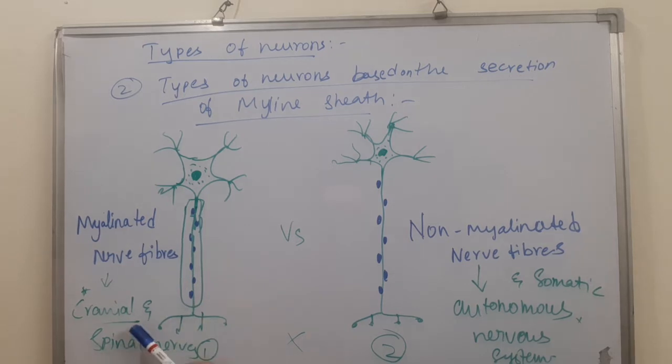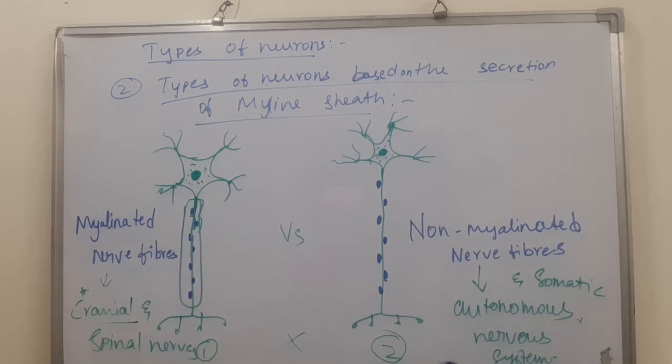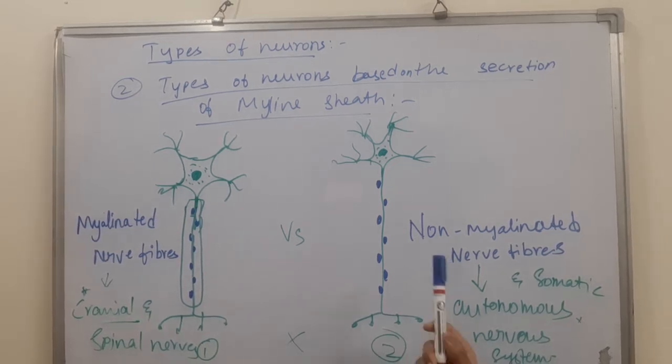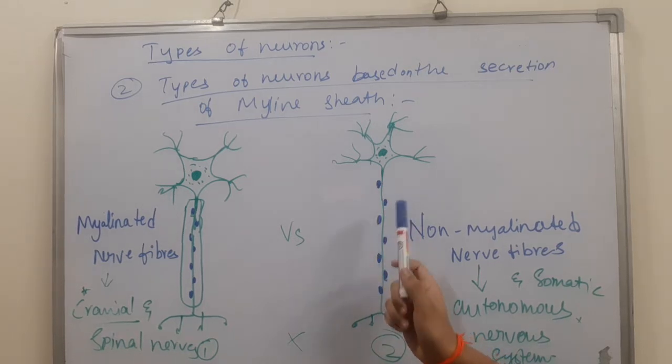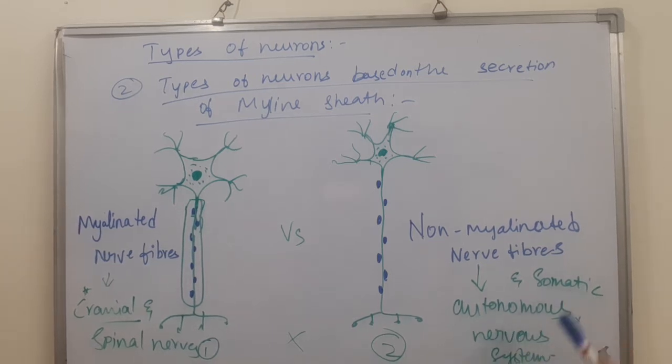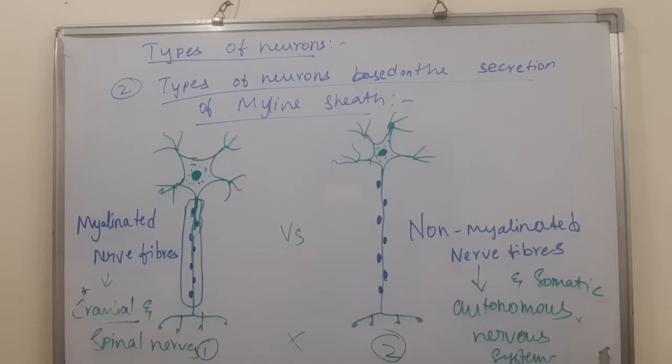They are present as your cranial and spinal nerves. Yes, the brain also contains nerves. We have seen 10 billion neurons are present in our brain, and those are all myelinated nerves. And these non-myelinated ones have Schwann cells, but these do not secrete the myelin sheath, and therefore they are present in the autonomic as well as your somatic nervous system.